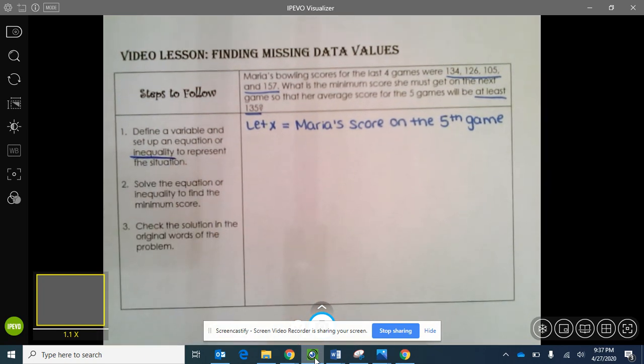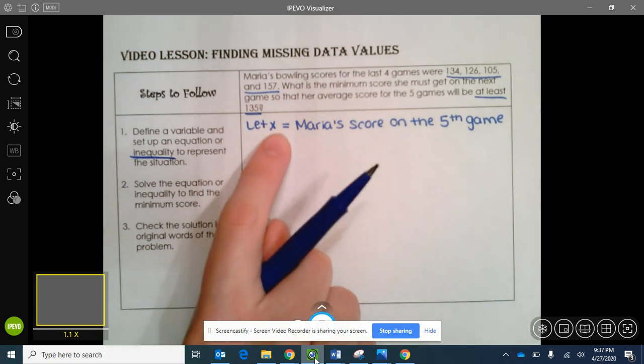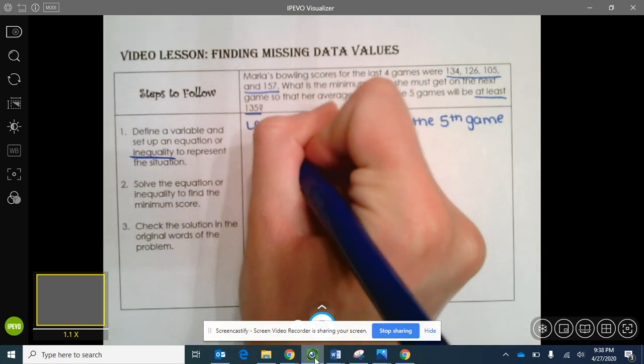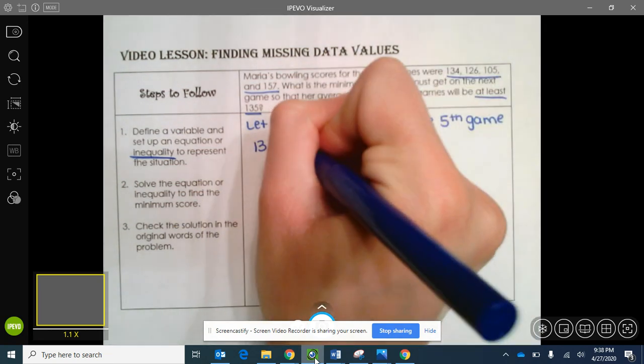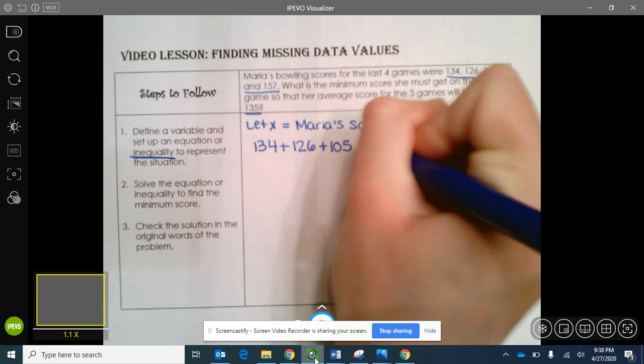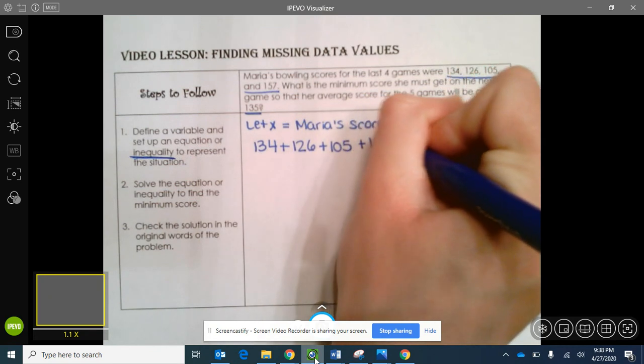Now I want you to think about how we find average or mean. To find the average or the mean, you add up all the data values and divide by how many there are. So I'm going to do that including my 5th unknown data value. My first 4 data values that I do know are 134, 126, 105, and 157.